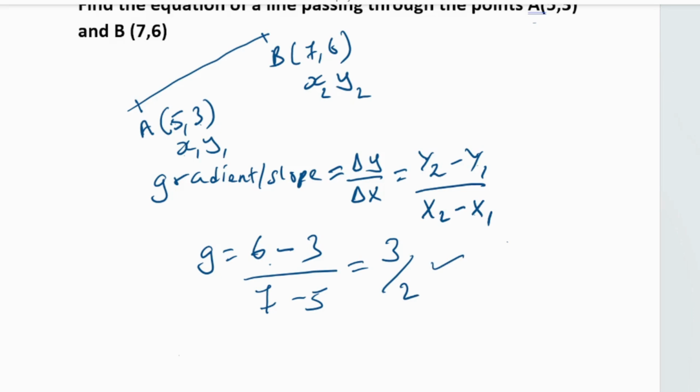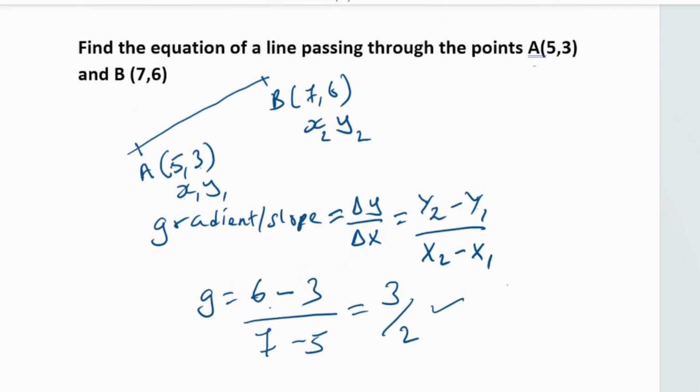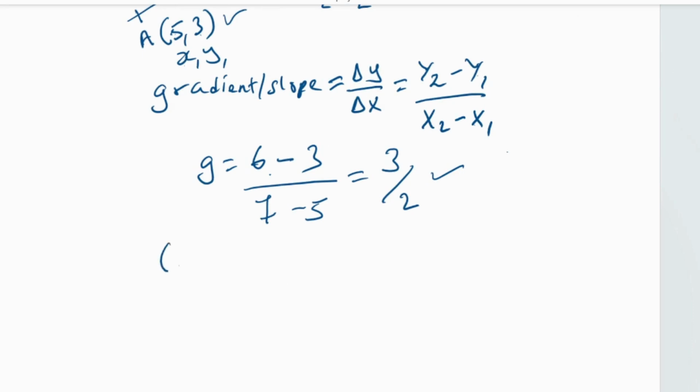Now after getting the gradient, we can pick any point. For example, we can pick this point A, and another random point (x, y). So we can pick these 2 points, a random point (x, y) and point A. We can also pick point B, but now let's pick point A, which is (5, 3).